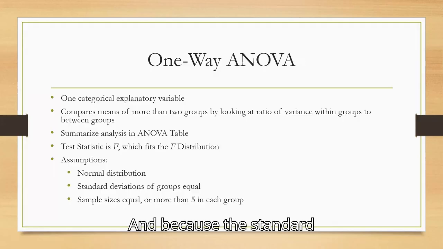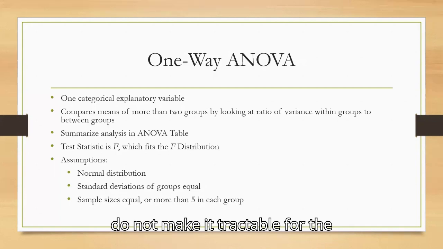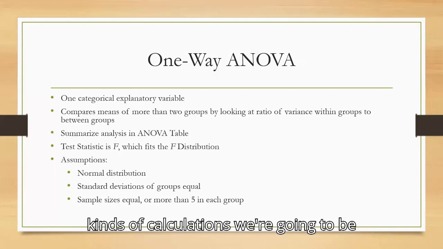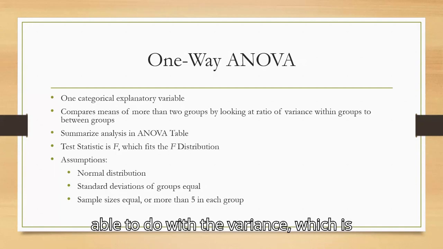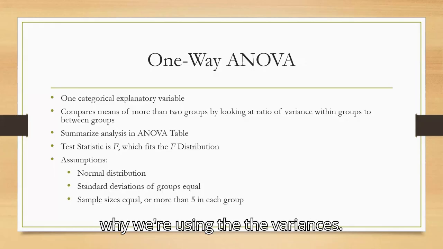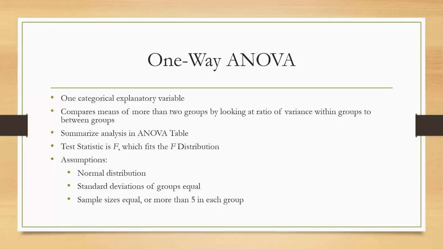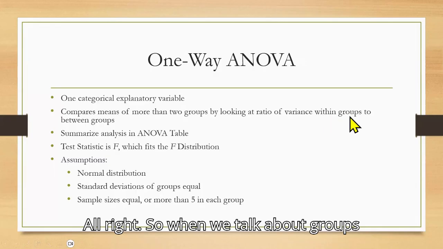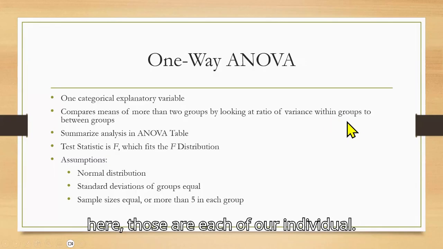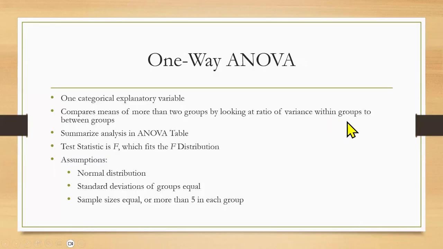And because the standard deviation is the square root of something, it has mathematical properties that do not make it tractable for the kinds of calculations we're going to be able to do with the variance, which is why we're using the variances.